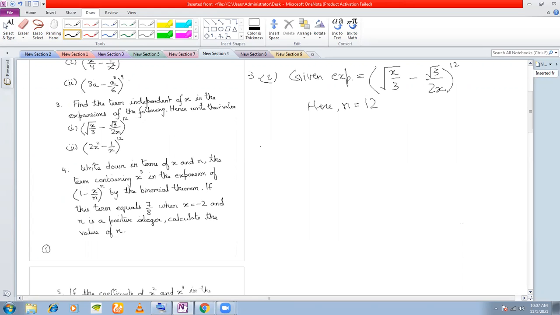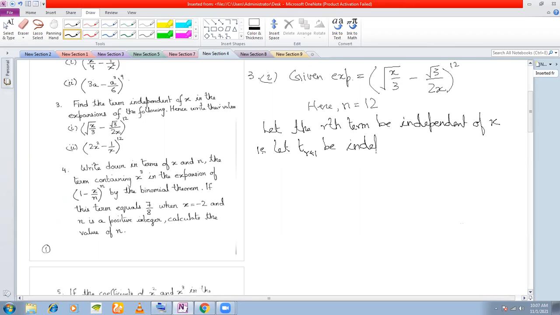So because we need to find the term independent of x, we say let the rth term be independent of x. That is, let T(r+1) be independent of x. We don't know the value of r, we'll determine the value of r.